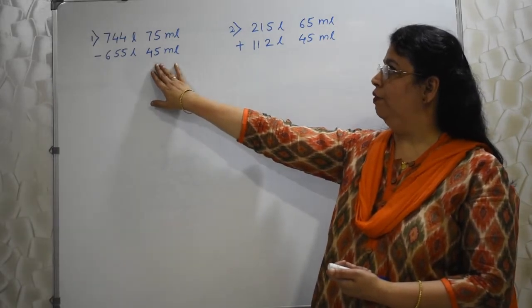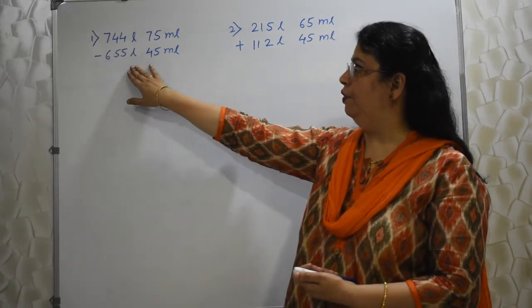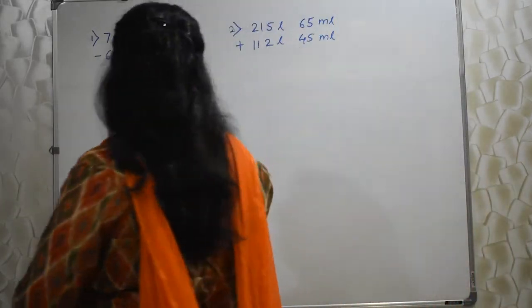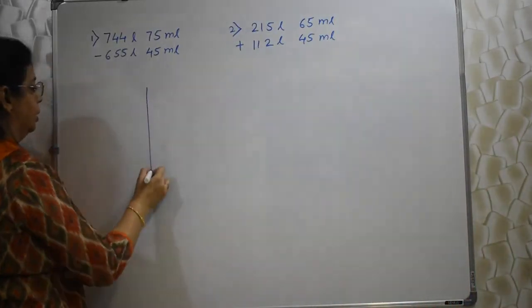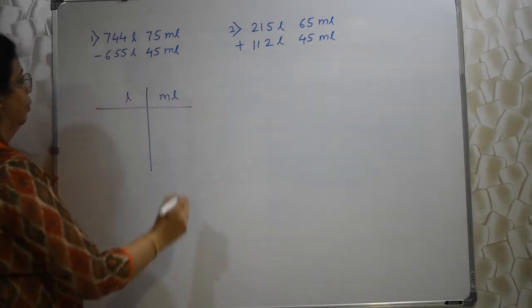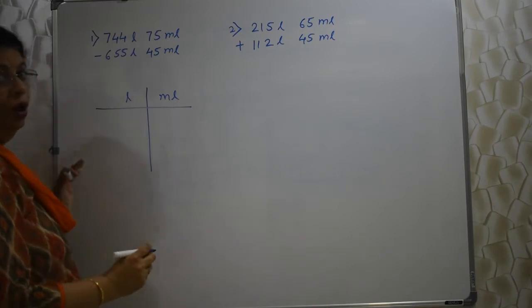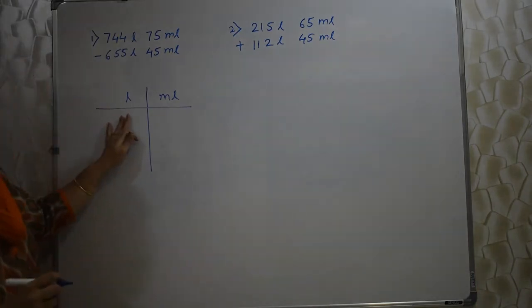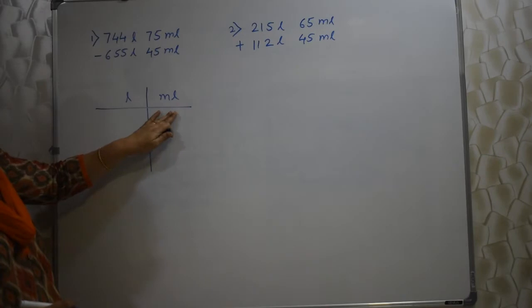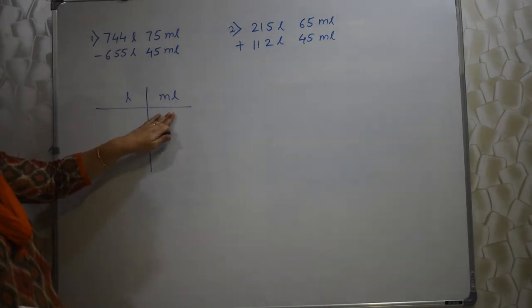744 liters 75 milliliters minus 655 liters 45 milliliters. In that case, the first thing you should do is this: liter, milliliter. Now see, the liter side can have as many digits as it can. There is no restriction. But this smaller thing, ml, is lighter.